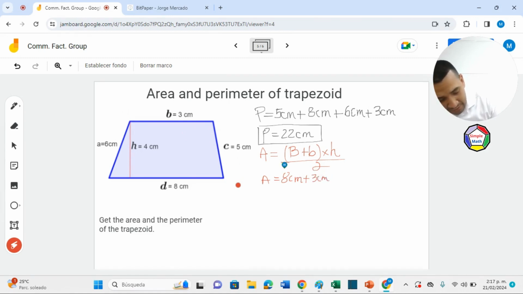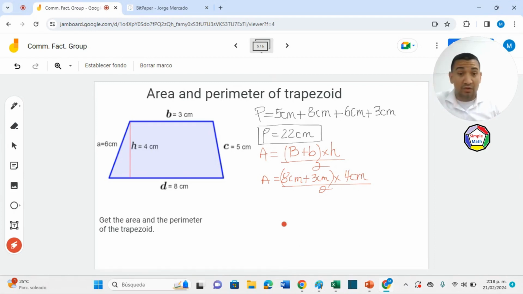Once I get this result, I multiply it times the height, which is 4 centimeters. Then I'm going to divide everything by 2. That's the way I calculate the area.